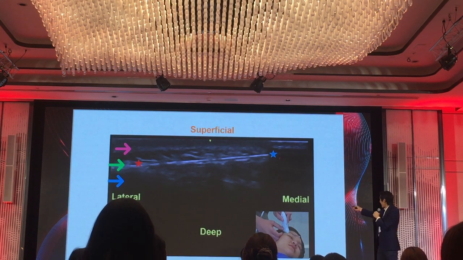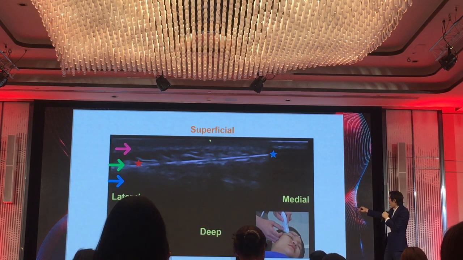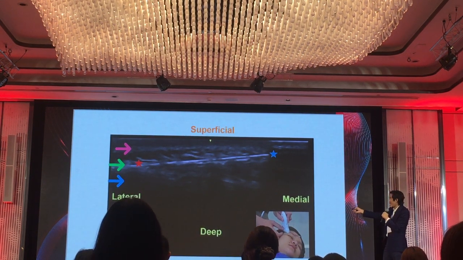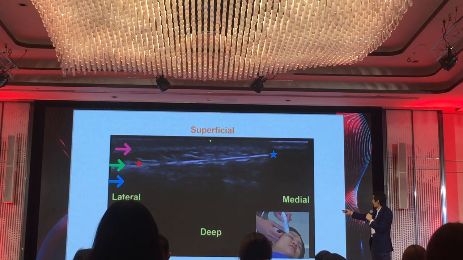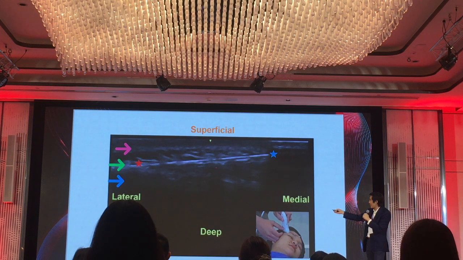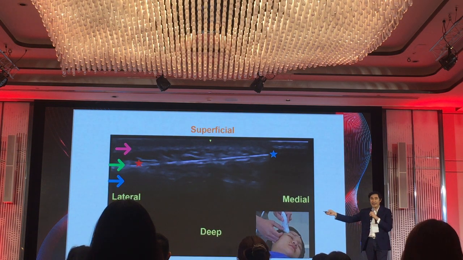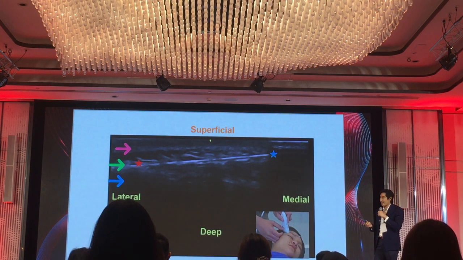On the medial side I'm in the subcutaneous plane, and when I go to the lateral side, I penetrate the superficial temporal fascia, which is the white line here, and go deep underneath, like going into the interfascial plane where we usually inject filler.